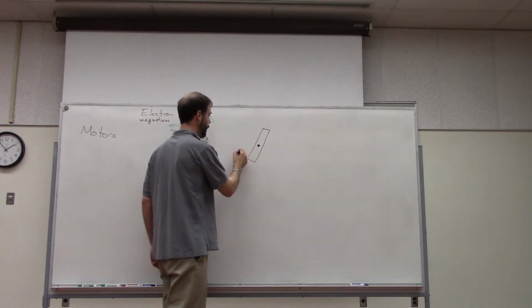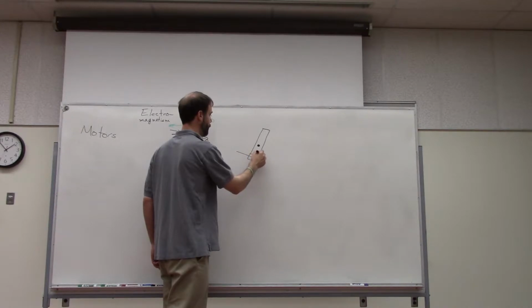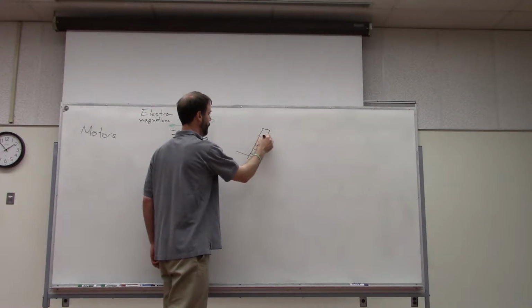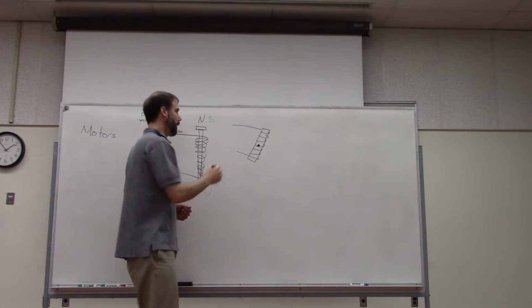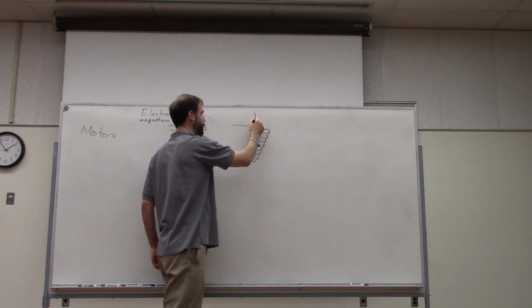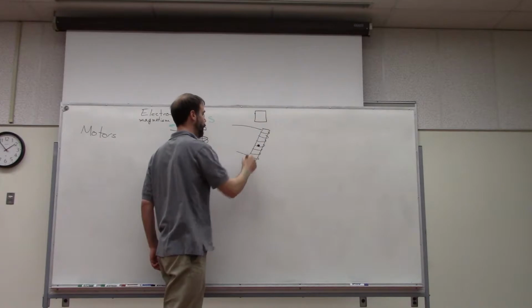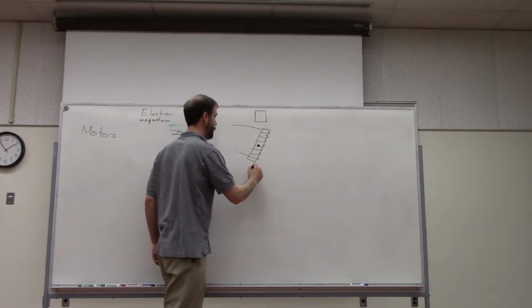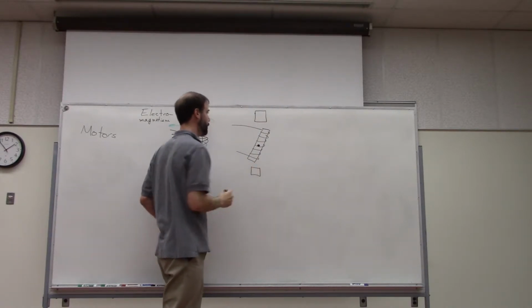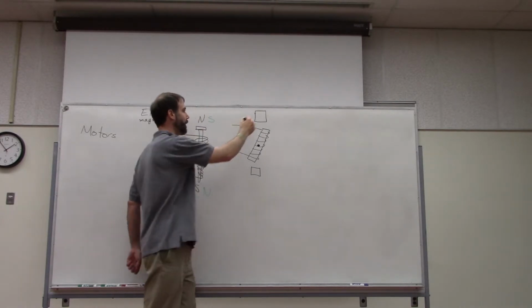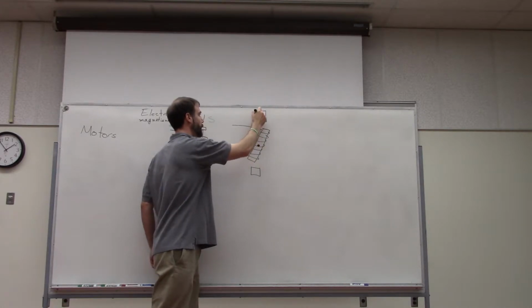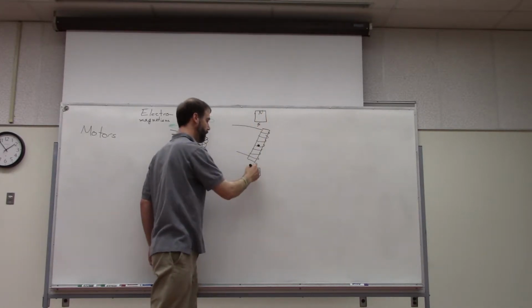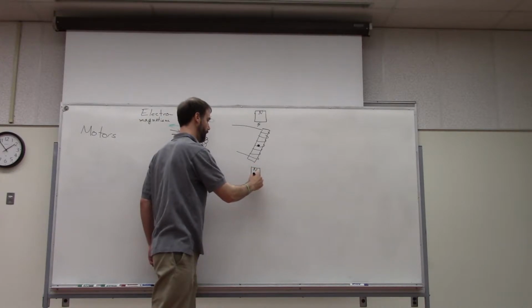Okay, so it's got a coil of wire wrapped around a bar of metal, and the bar of metal is connected to this shaft. Around the shaft, you have two permanent magnets. This permanent magnet on the top has a north and a south pole, and so does the one on the bottom. Okay?